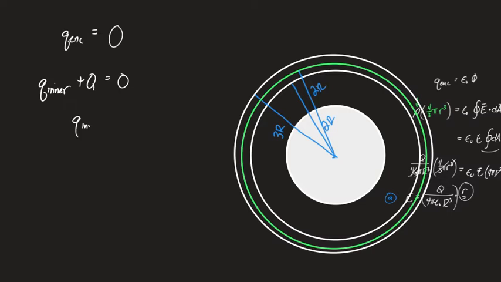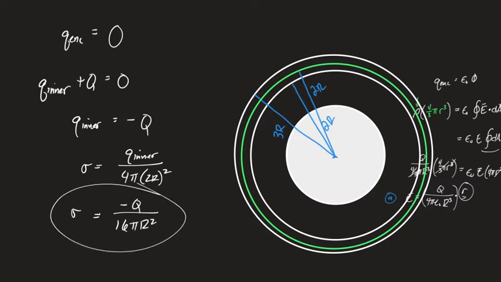So Q on the inner surface has to equal negative Q. So the surface density on the inside wall of the conductor has to be Q inner divided by the surface area. 2 squared is 4, 4 times 4 is 16 pi r squared. That's got to be the answer.